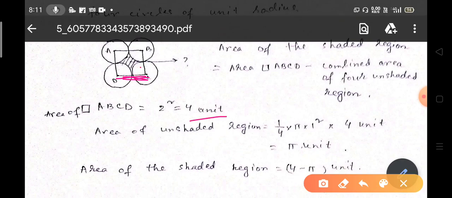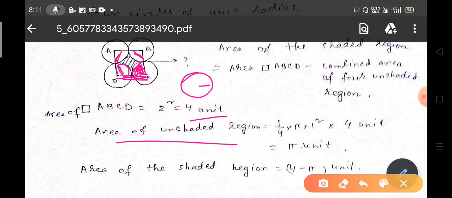Now find the area of the unshaded region. If you think logically, these 4 pieces combine to give one full circle having a radius of 1 unit.